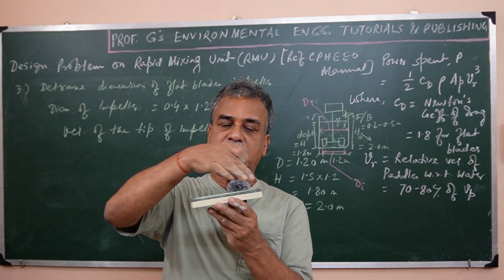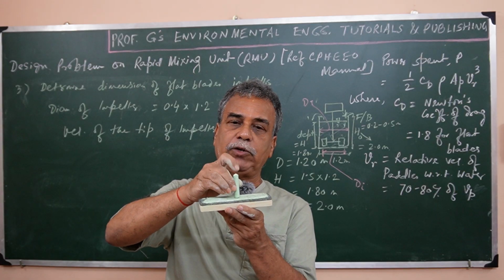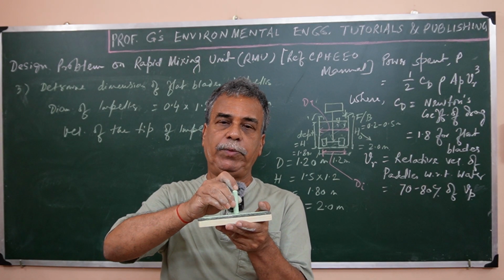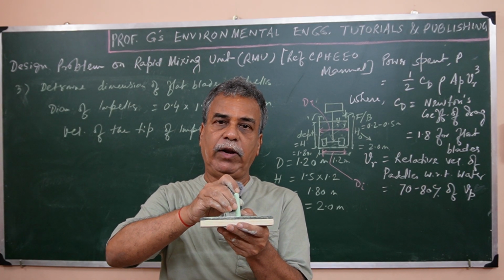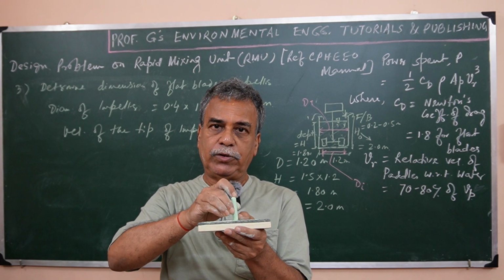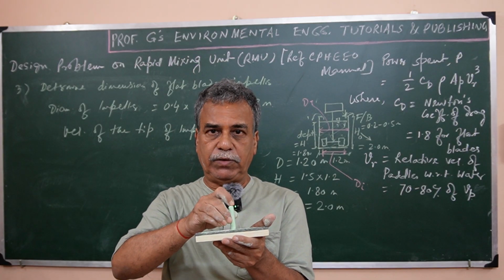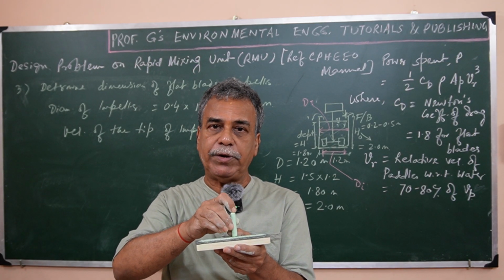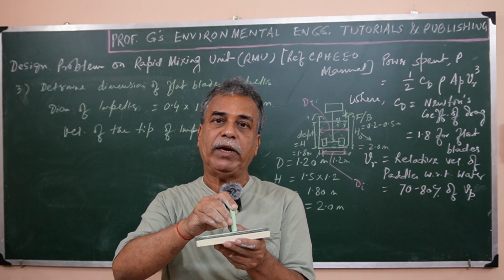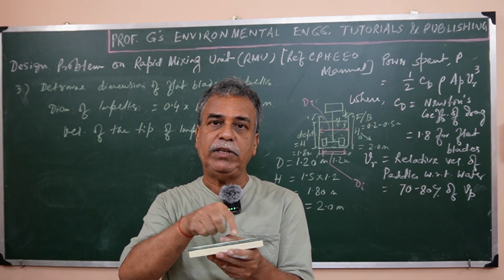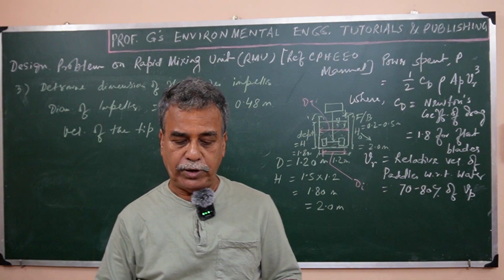Now here this is the diameter, and with respect to this, the edge of that will be termed as the radius. So in case of radius, 2 pi r omega will be the tip velocity. If you take the diameter, that would be pi d omega. In this case actually d means DI, impeller, okay.